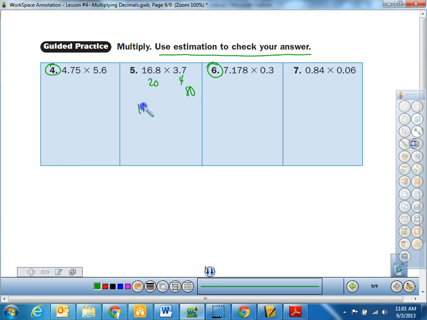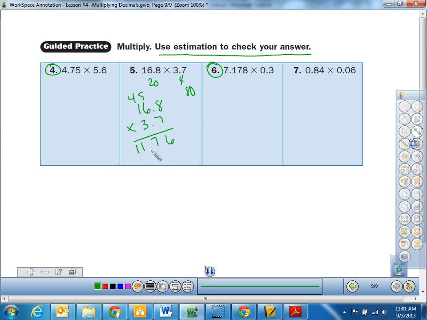So let's see, when I take 16.8 times 3.7, I'm going to multiply it like it's 168 times 37. 7 times 8 is 56. I put the 6 down and the 5 up. 7 times 6 is 42, plus 5 is 47. Put the 7 down and the 4 up. 7 times 1 is 7, plus 4 is 11.